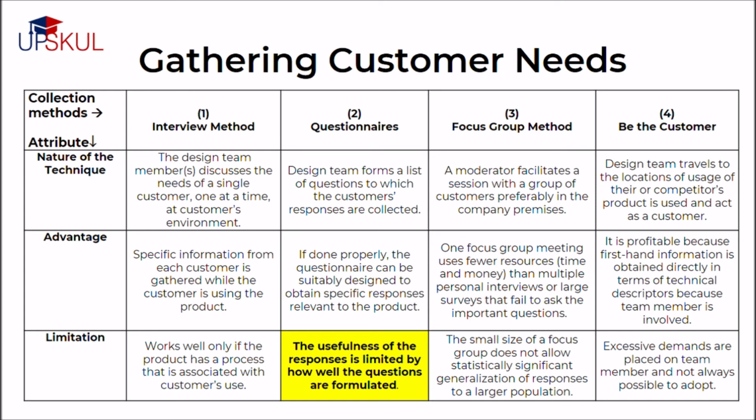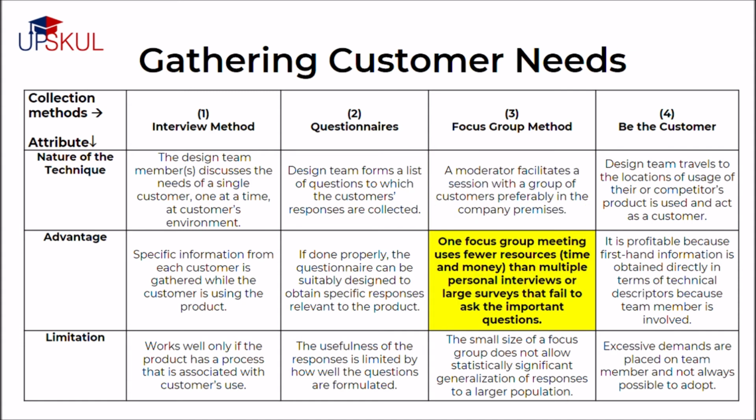Third is the focus group method. In this method, a moderator conducts a session with a group of customers in the company premises. The advantage is that one focus group meeting uses very few resources as compared to personal interviews or surveys, which most of the time fail to ask the most important questions.